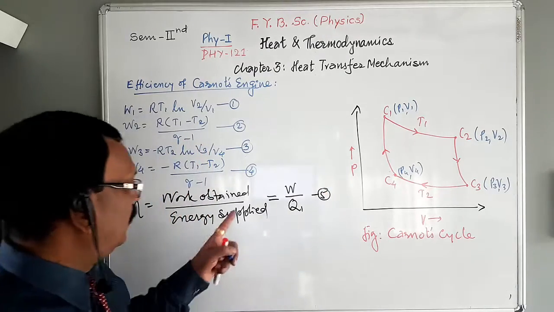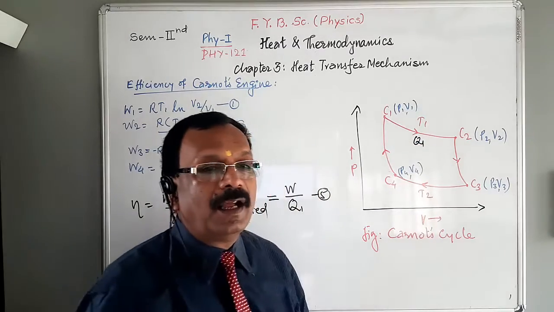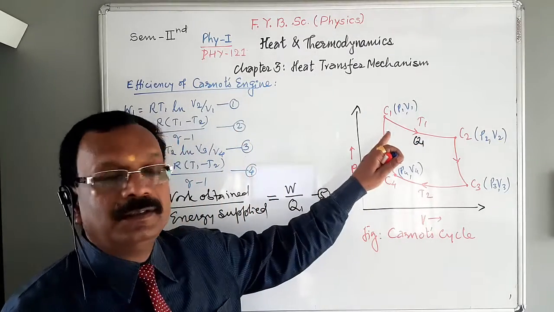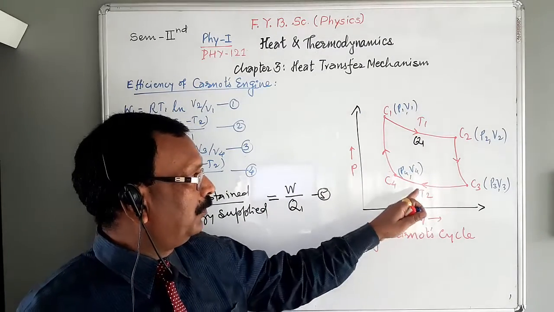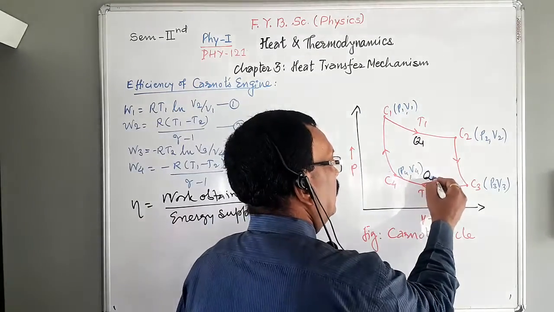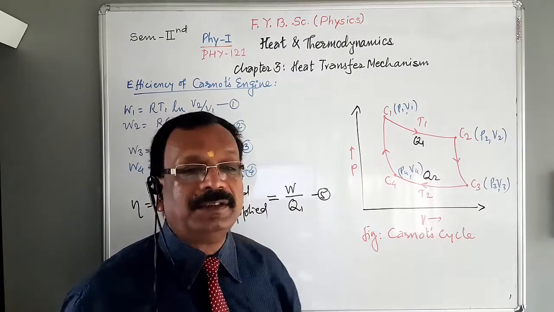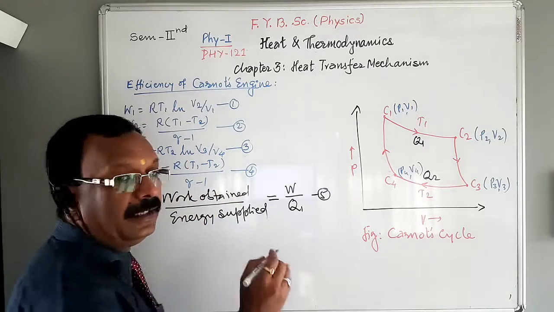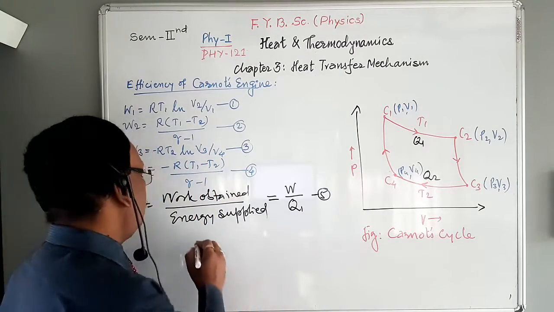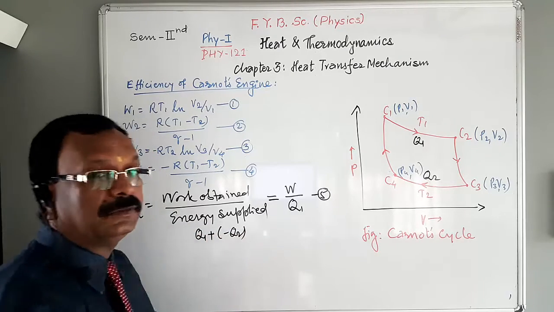Okay. Here remember that Q1 is the amount of heat absorbed by the gas from the source, and Q2 is the amount of heat rejected by the gas to the sink at constant low temperature T2. Hence, net amount of heat is nothing but Q1 plus minus Q2.